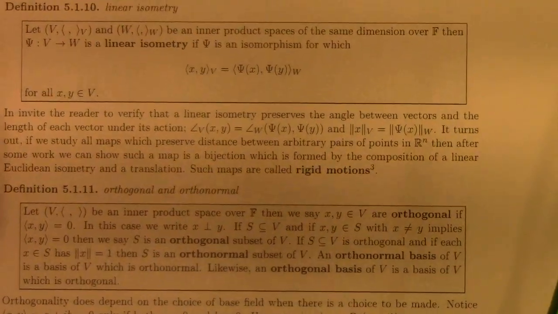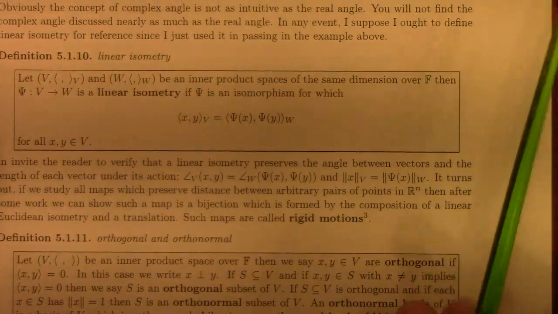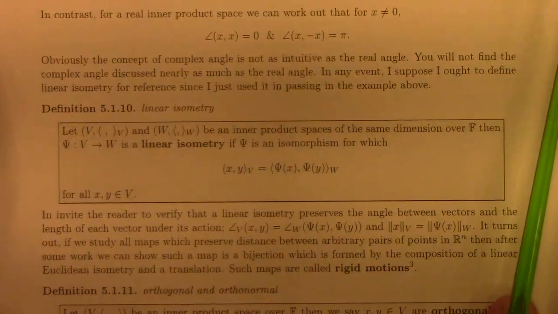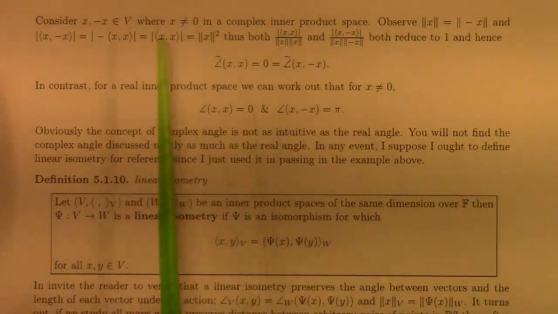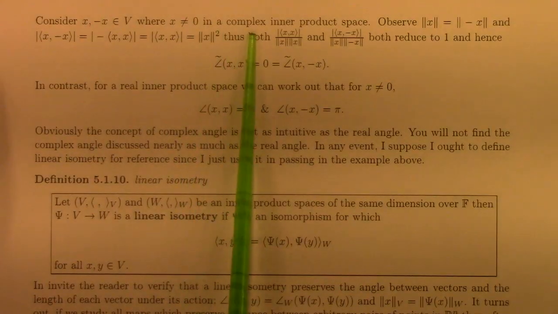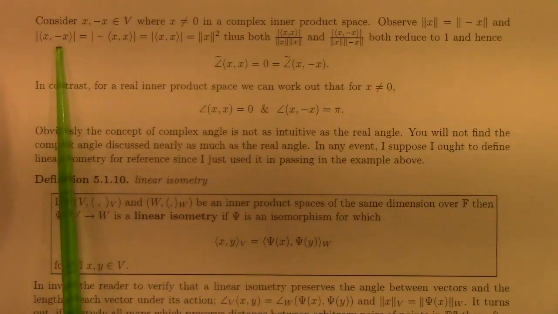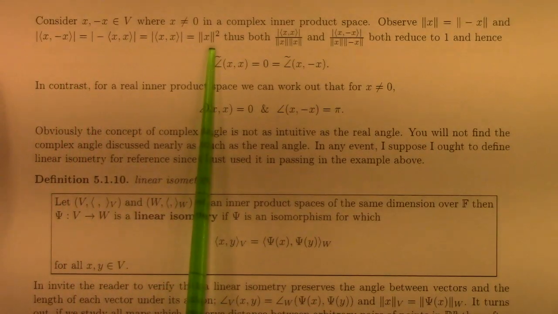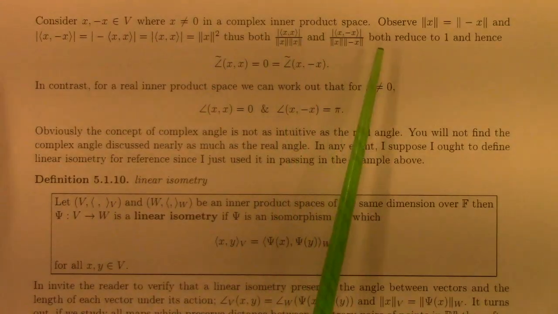Now finally, here's a more generic comment about real versus complex angle. Here I have x and minus x, with x not equal to 0 in a complex vector space. They both have the same length, and the inner product works out to the length squared. So both of these ratios work out to 1.